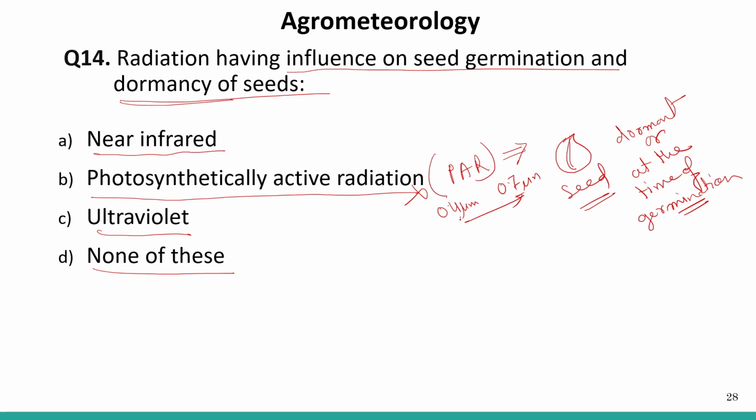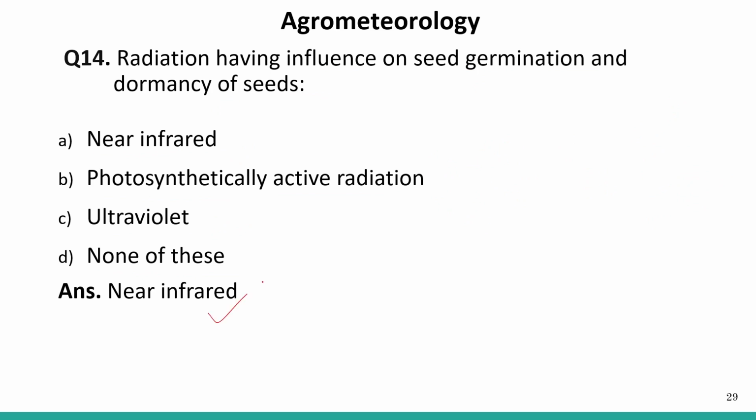This particular wavelength they cannot absorb. Okay. Ultraviolet region does not reach us, so this is also incorrect. Near infrared region is important, that influences the seed germination and the dormancy of seed. So the correct answer is near infrared. Okay.